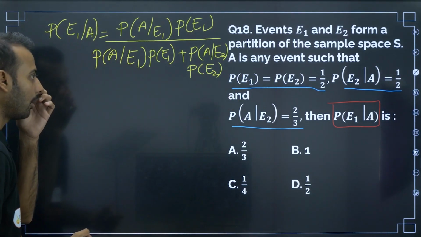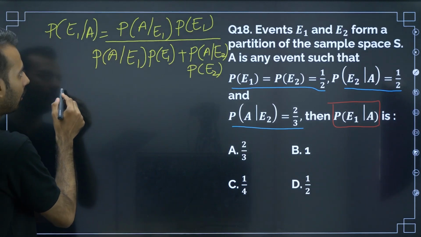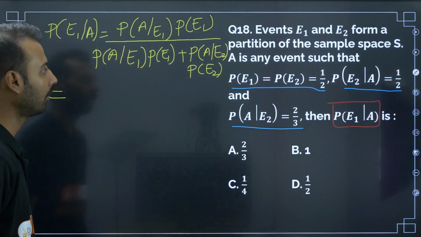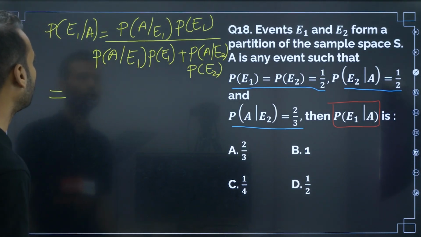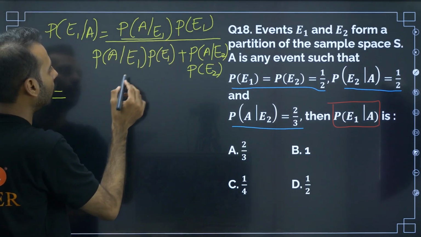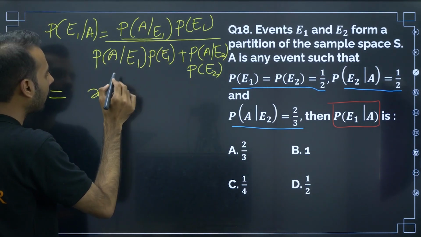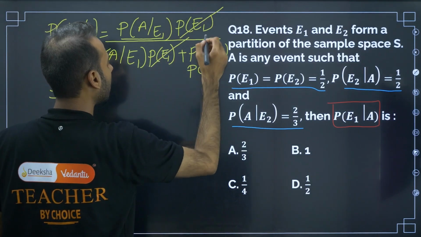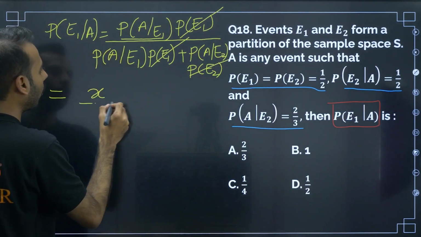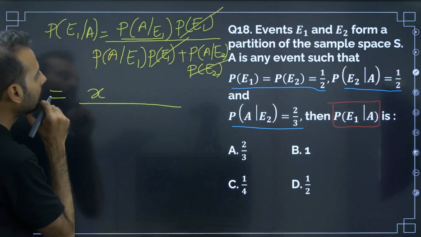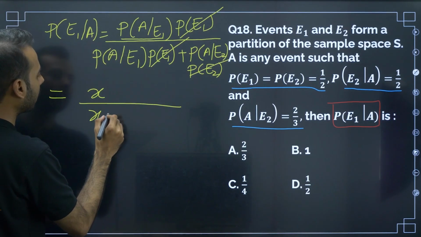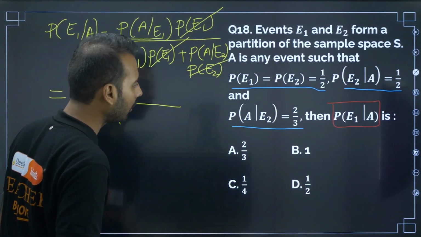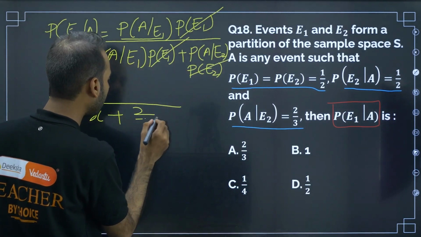So probability of A given E1, we don't know this one also. So for a moment let me name that as X. Probability of E1, I will cancel off this and this. So finally what are we left? A given E1 is, for that I have assigned X. Next, probability of A given E2 is 2 by 3.